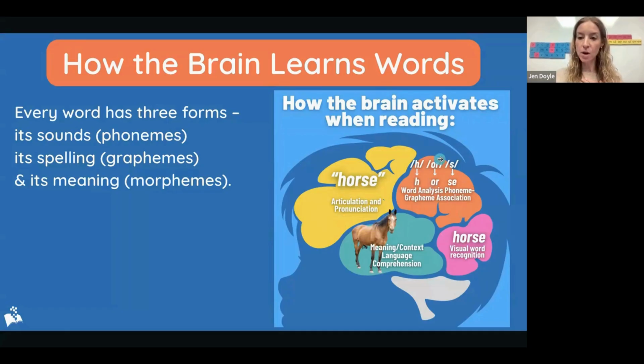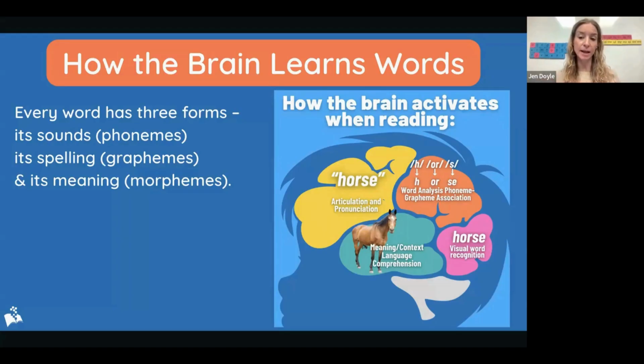And then if we don't, we're really analyzing the word. We're analyzing those relationships and going from the phoneme to the grapheme, knowing that the H says the OR says or, and the SE says s. That's creating that phoneme grapheme relationship.